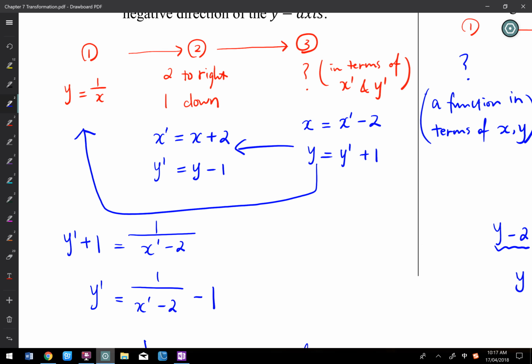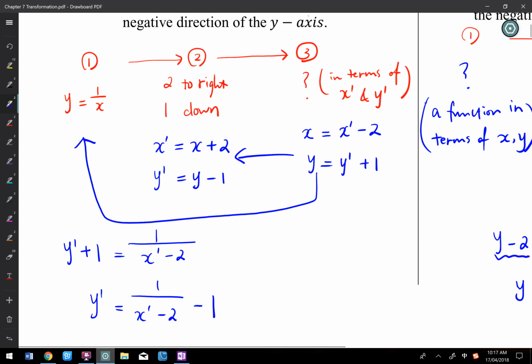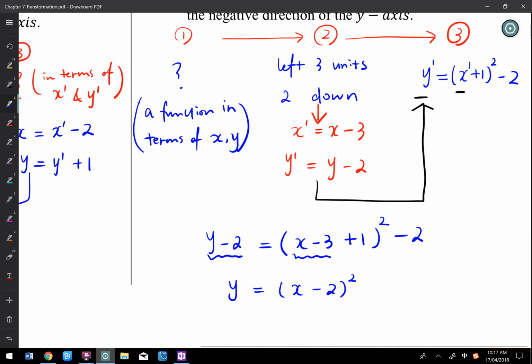I have xy in that question, therefore xy needs to be the subject. You make that the subject and then replace it. That's what we should do for these two types of question: when you have 1, 2, you ask for 3, and when you have 2 and 3, you ask for 1. So that's the two types of question we have.